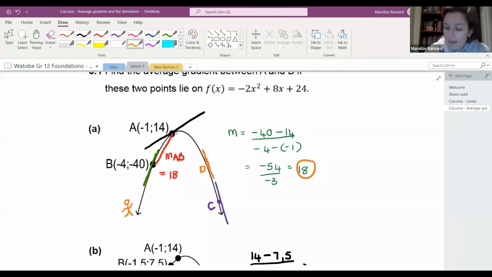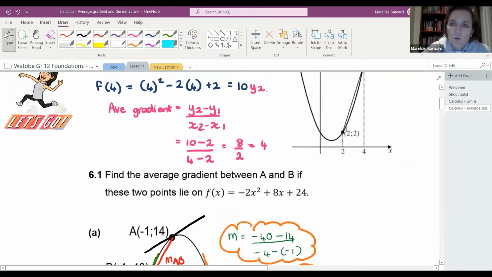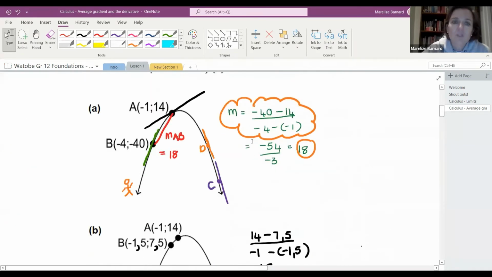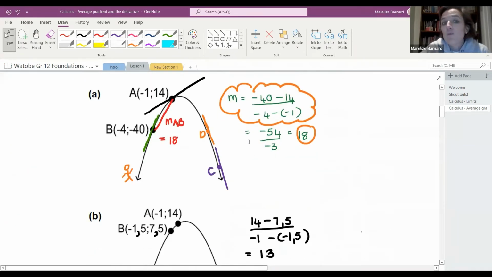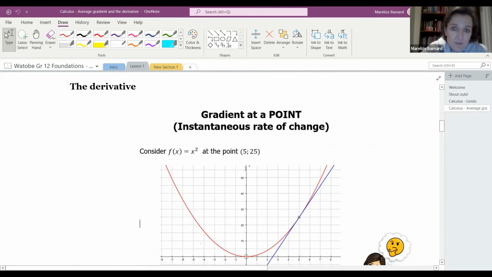Our gradient formula always needs 2 coordinate points. If we only want to use 1 coordinate point and calculate the gradient at that specific point, that's when we use the derivative and calculus to do that for us.